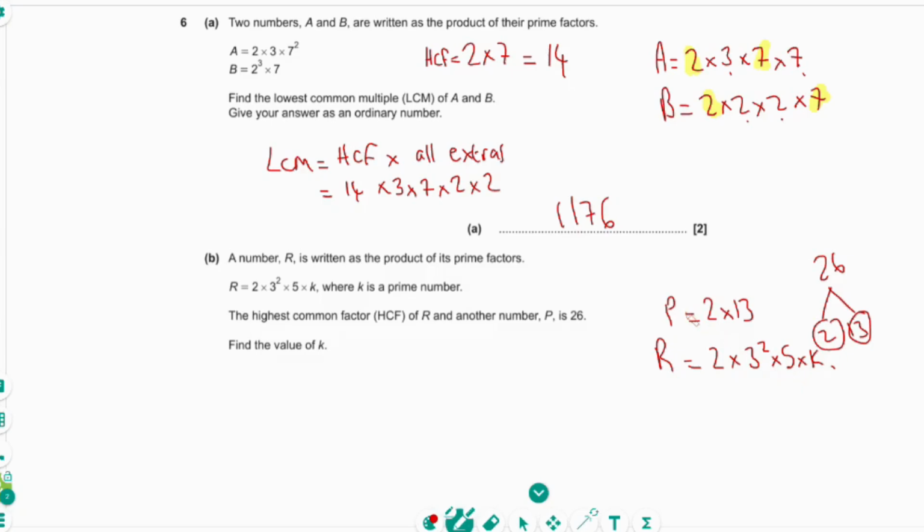Well, the p isn't 26, but it's useful to find 26 in prime factors anyway, because as we discussed earlier, the highest common factor of two numbers are any factors that occur in both. So seeing as 26 is equal to 2 times 13, we've already got 2 in r, so you can see k is going to have to be 13, because we know 13 occurs in both.